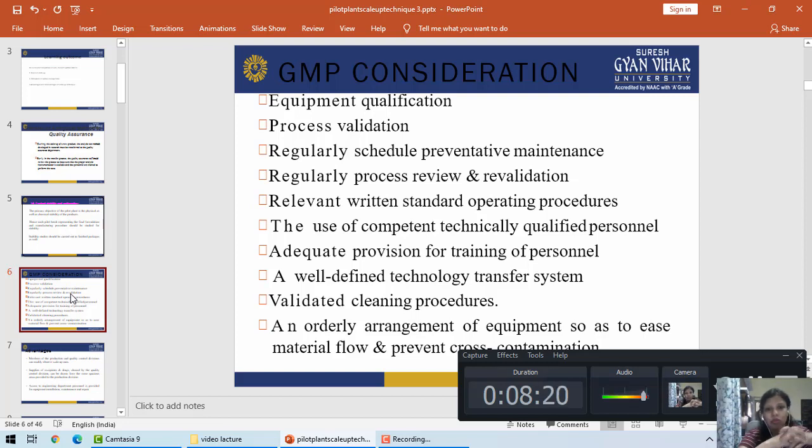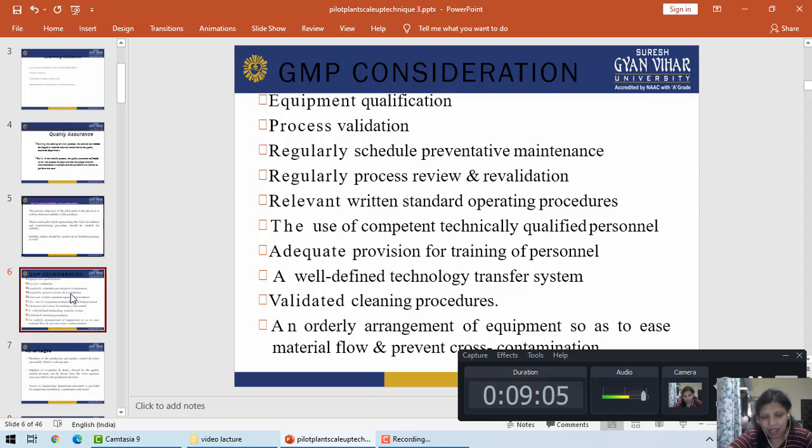So equipment qualification is number one, then the process validation, then regularly scheduled preventive maintenance, then regular process review and revalidation, relevant written standard operating procedures, the use of competent technically qualified personnel, adequate provisions for training of personnel, a well-defined technology transfer system, validated cleaning procedure, and an orderly arrangement of equipment so as to ease material flow and prevent cross contamination.